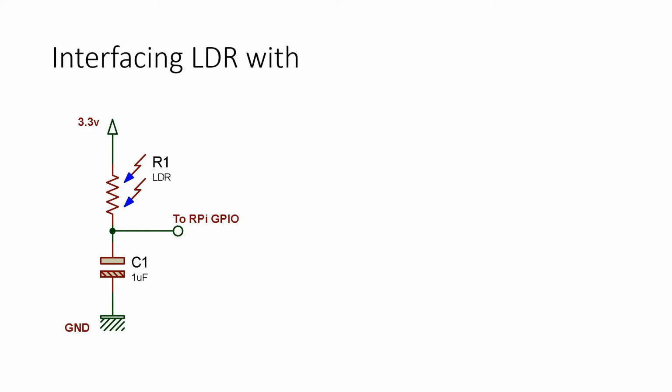Now let's see how it will work. As you can see, one point of the LDR is going directly to 3.3 volt, and this pin is going to Raspberry Pi GPIO. So the algorithm would be something like this. Initially, the Raspberry Pi pin will act as an input pin.